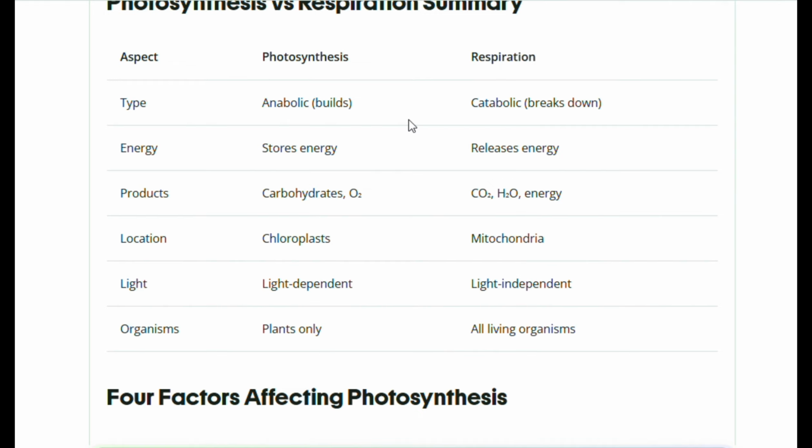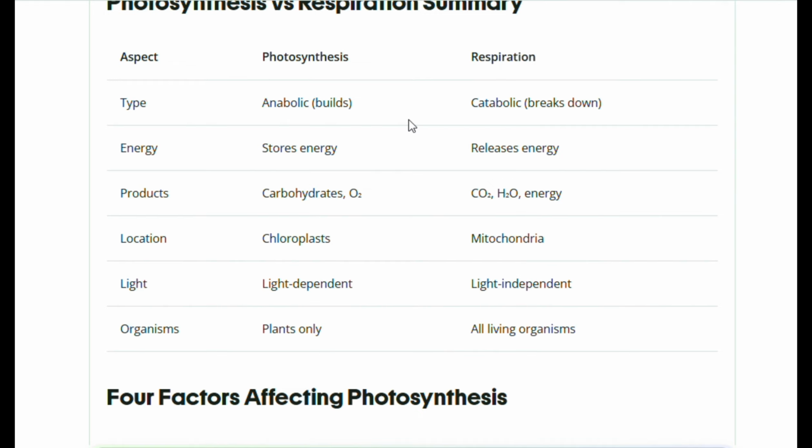Light, it is light independent. And organisms, all living organisms, including plants, basically. So basically, you can say plants and animals. Yeah, I think that will also be the answer. So all living organisms.